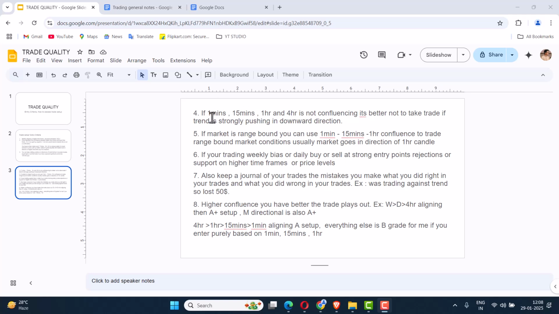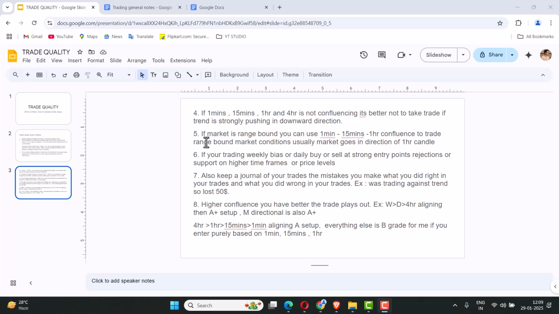If I see a signal in the 1 minute, I go to the 15 minutes and see how the 15-minute structure is forming, and if it is pointing in the direction of the signal, then I'll take a trade, if the 1 and 4 hour are also sort of matching, because 15 minutes is basically a breakdown of the 1 and 4 hours. Because 1 hour is 4 15-minute candles, and 4 into 4 is 16. So it's like that.